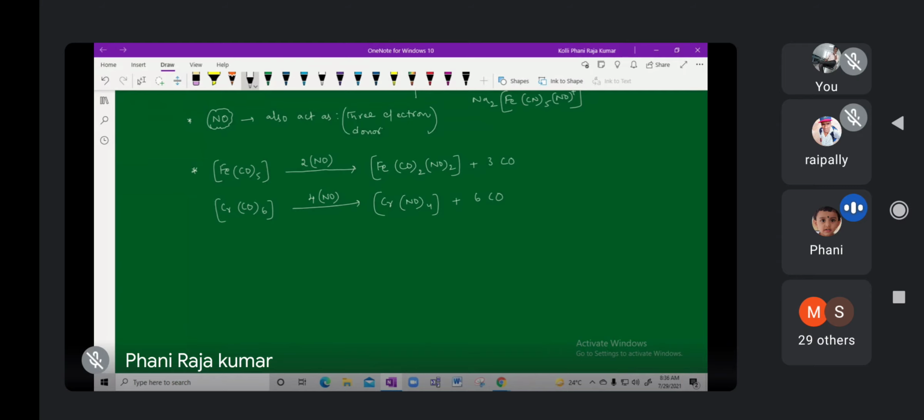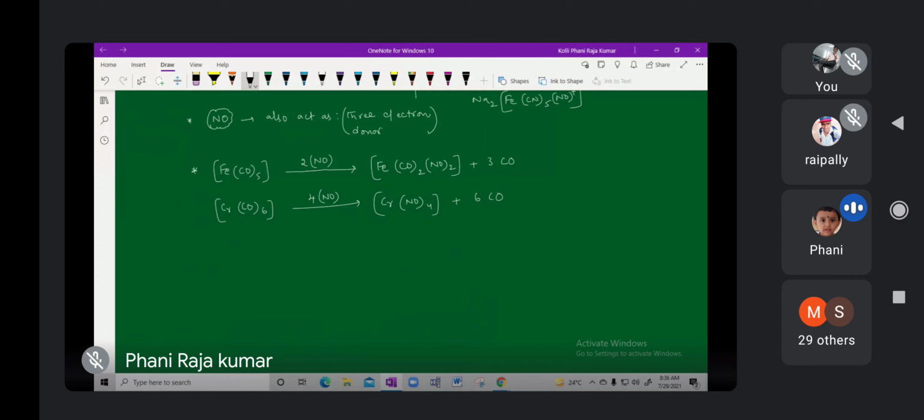See, in the first example, in place of 3 carbon monoxide molecules, 2 NOs are substituted. For balancing the number of electrons, 3 carbon monoxide molecules means 3 into 2, 6 electrons, satisfied by only 2 nitric oxide molecules. So 6 electrons are satisfied by 2 NO molecules.